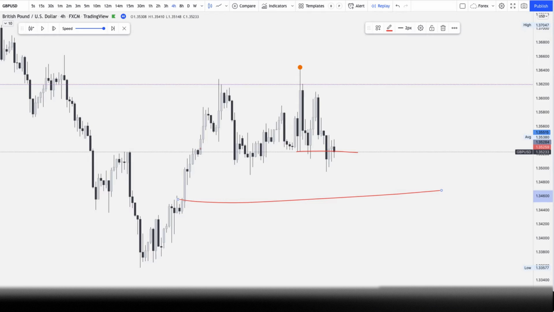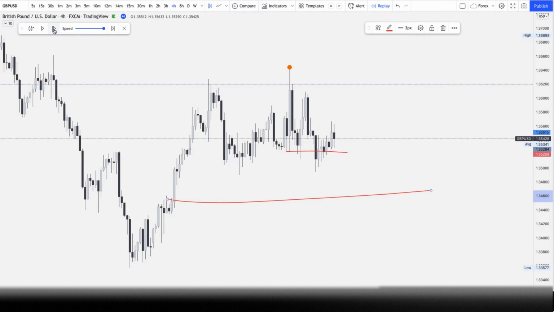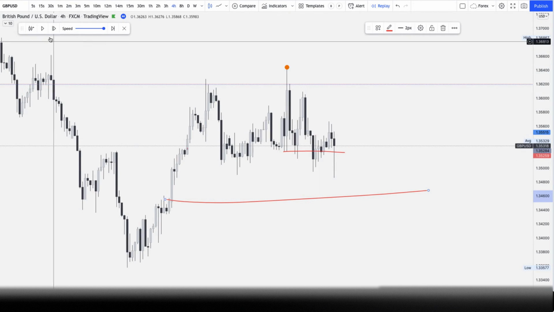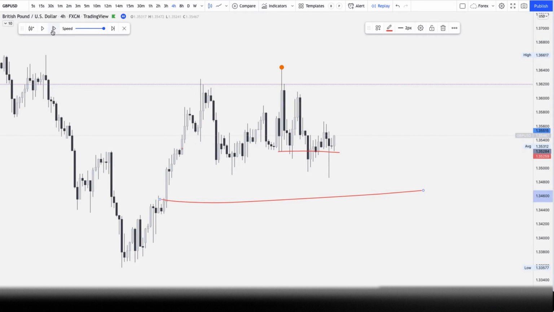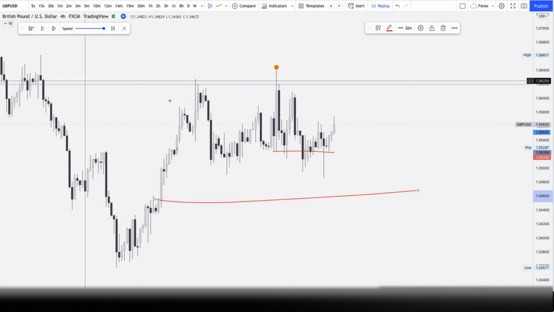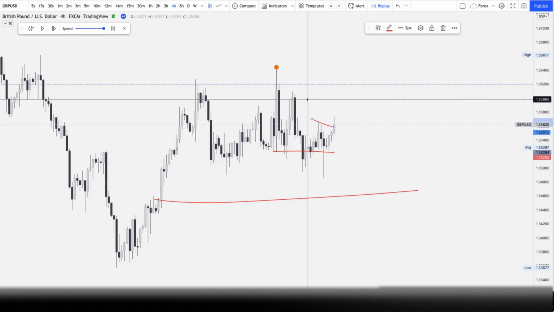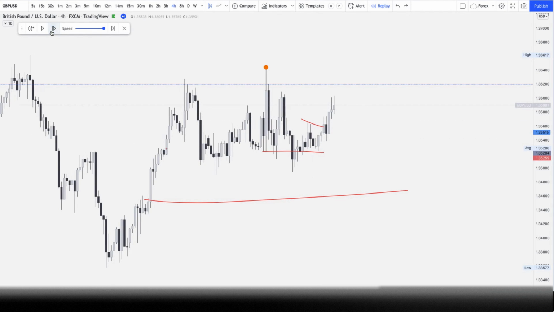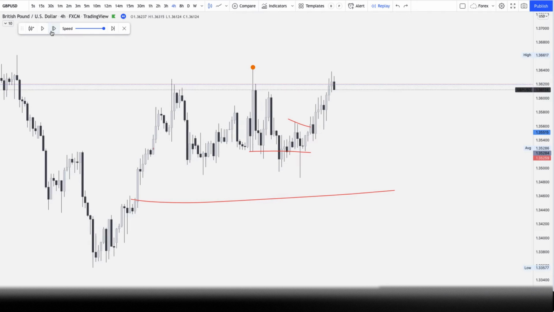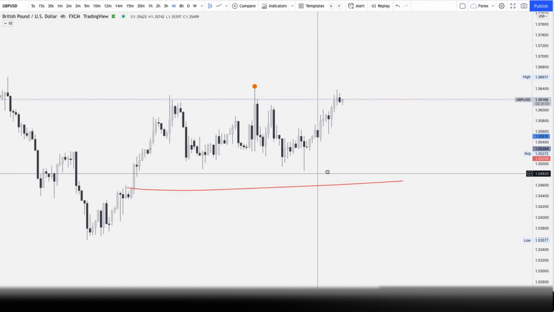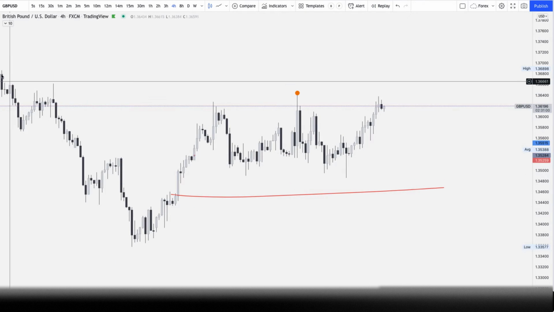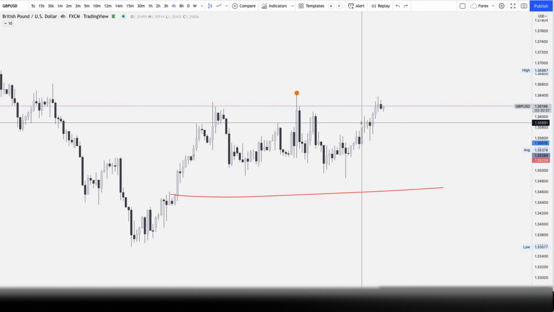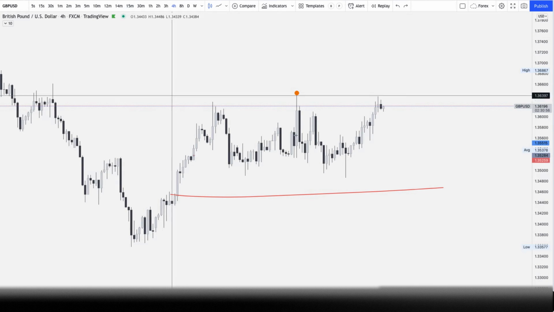Well, I don't know why my TradingView is so slow. Okay, so there's another mitigation. Probably this is an inducement for this. So in this instance here, you guys, this OB, remember, this is the 4 hour.